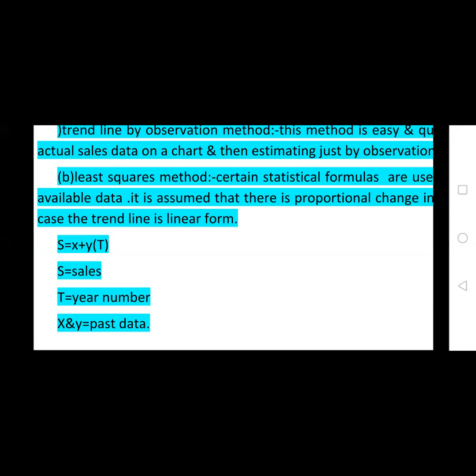This method is easy and quick. By plotting the actual sales data on a chart and then estimating just by observation, that is trend line by observation. We observe the past data trend lines to estimate the future demand.